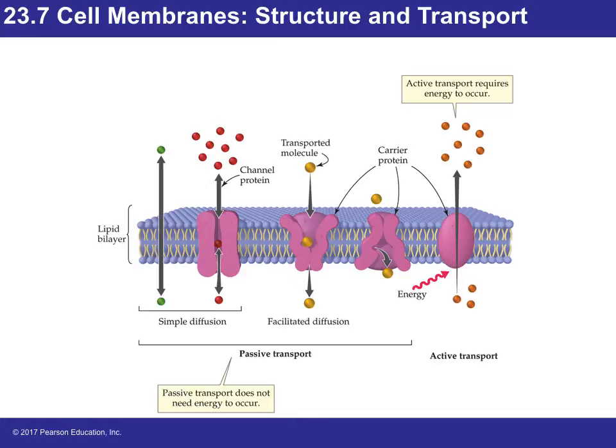And on the very far right side, when you move against the gradient of concentration, so look at the very far right side, active transport, you see that you have only 3 goldish molecules on the bottom side of my membrane, and I have 1, 2, 3, 4, 5, 6, 7 on the outside. So a simple diffusion will have the tendency to move the molecule from a higher concentration to lower.